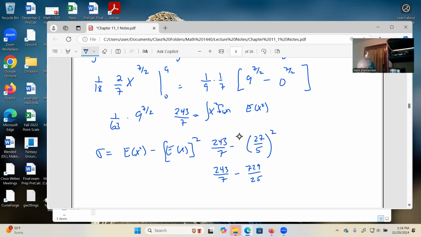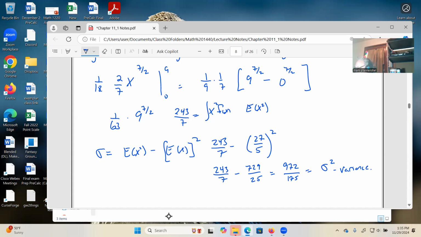Okay, when we did this arithmetic, this was 972 over 175. Okay, this is sigma squared. This is my variance. Okay, so that's how we're figuring that out.